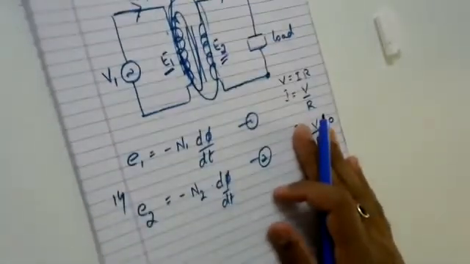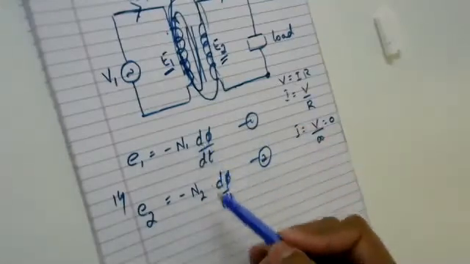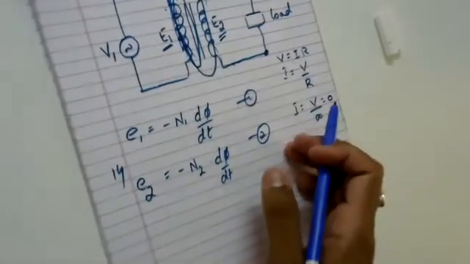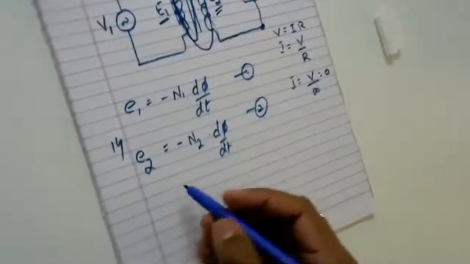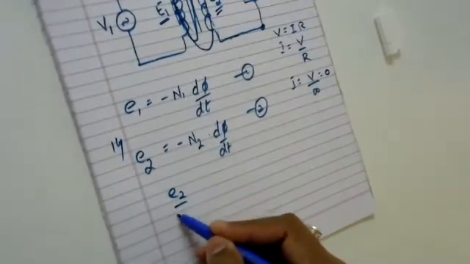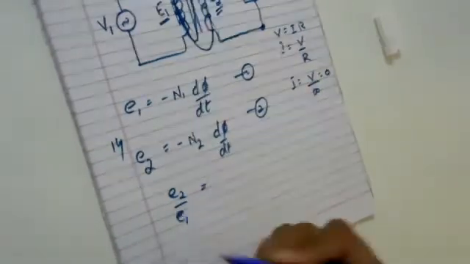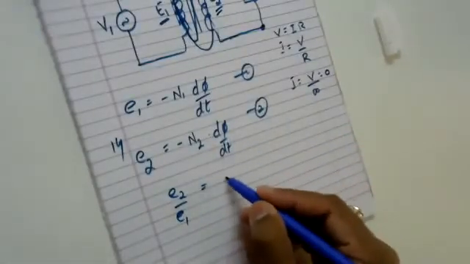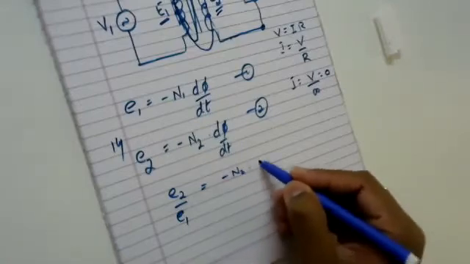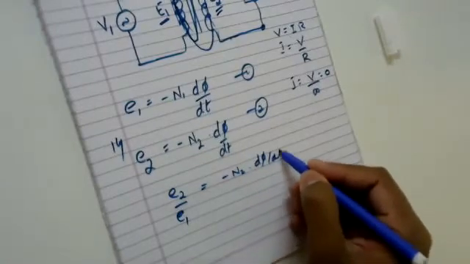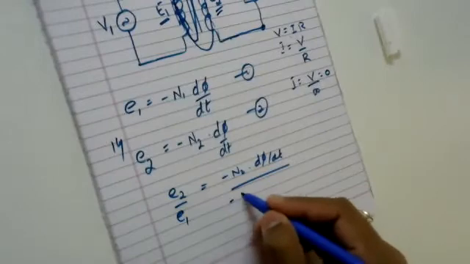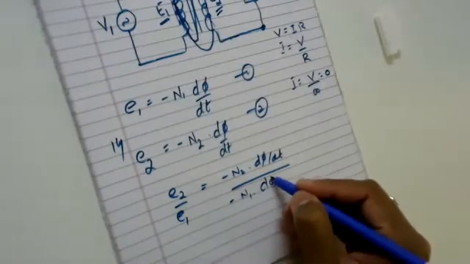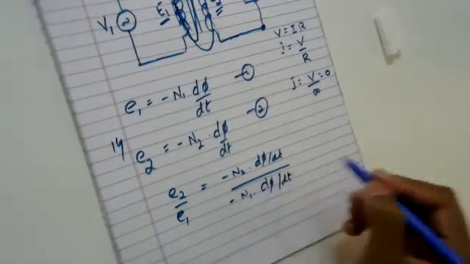Once I get an equation for E1 and for E2, I want to know the ratio of E2 by E1. E2 is given by minus N2 into d phi by dt divided by minus N1 into d phi by dt.